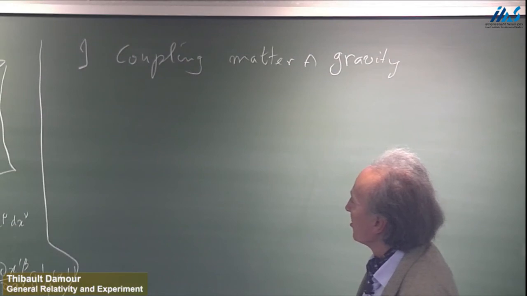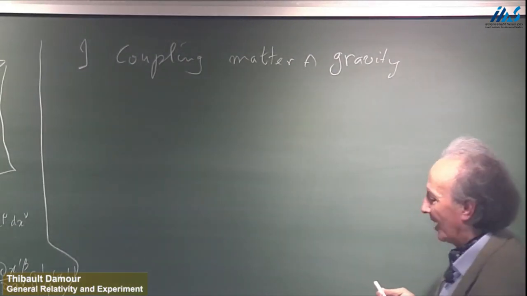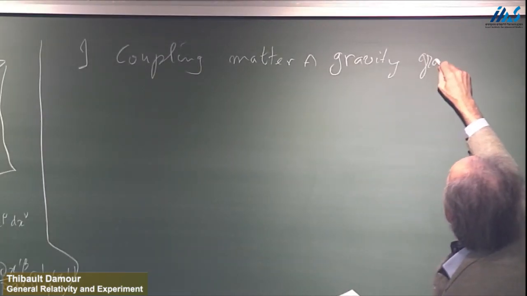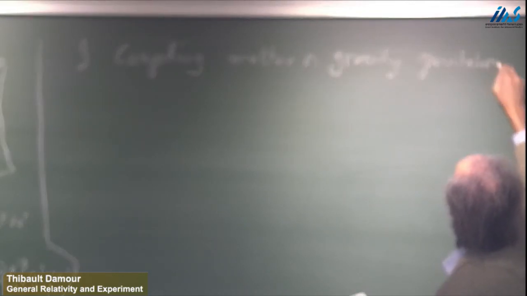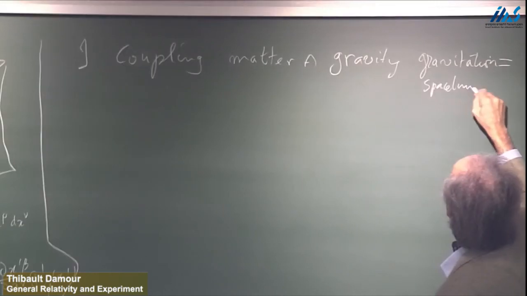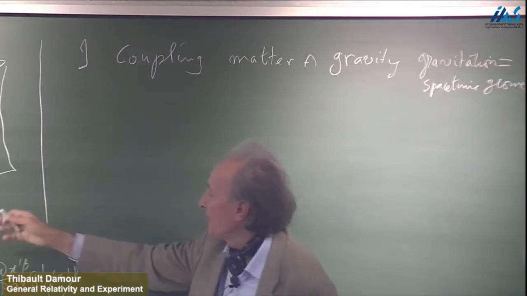And this was the new fundamental idea of Einstein, that this coupling can be summarized in the phrase that gravitation is identified to space-time geometry. And space-time geometry will mean this structure.